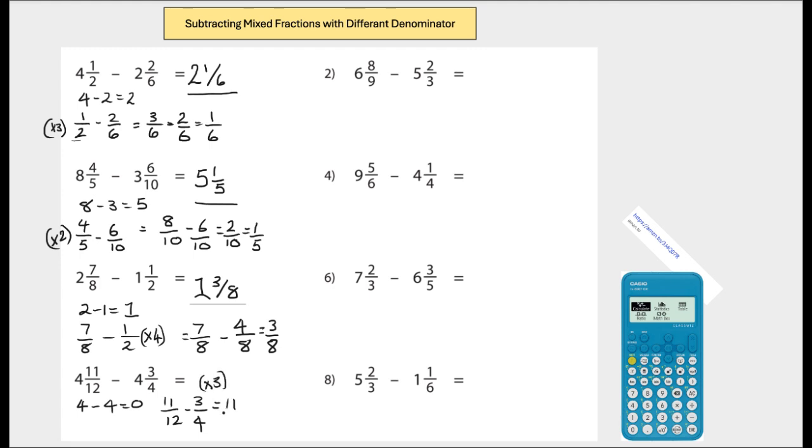So I've got 11 over 12, subtract 3 times 4, which makes 12. So this is perfect. 3 times 3 is 9. So our answer for this question is simply 11 take away 9, 2 over 12. Simplify it, 1/6. So the actual answer to this question is 1/6.